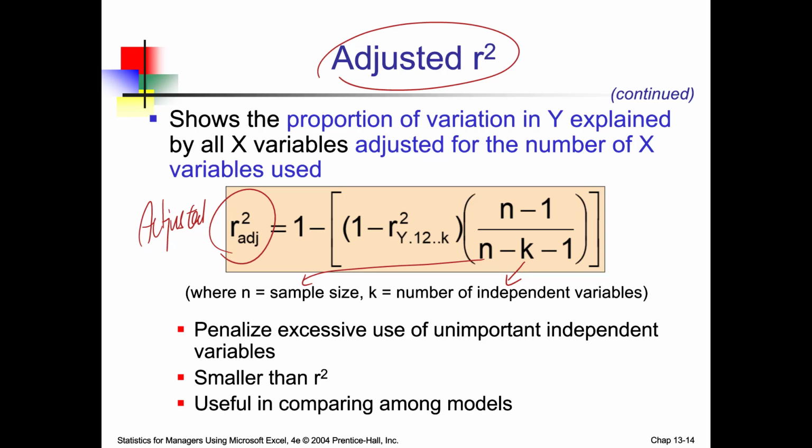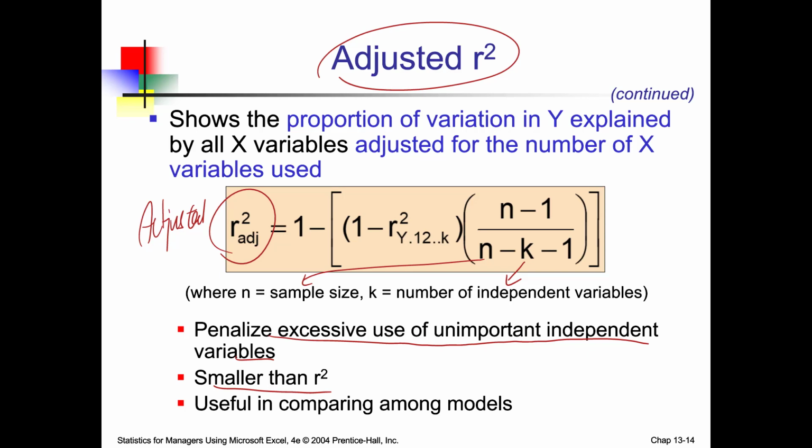So adjusted R squared penalizes excessive use of unimportant independent variables, meaning if you are adding a useless independent variable, then adjusted R squared will go down. And it's always going to be smaller than R squared, to compensate for the increase in R squared.